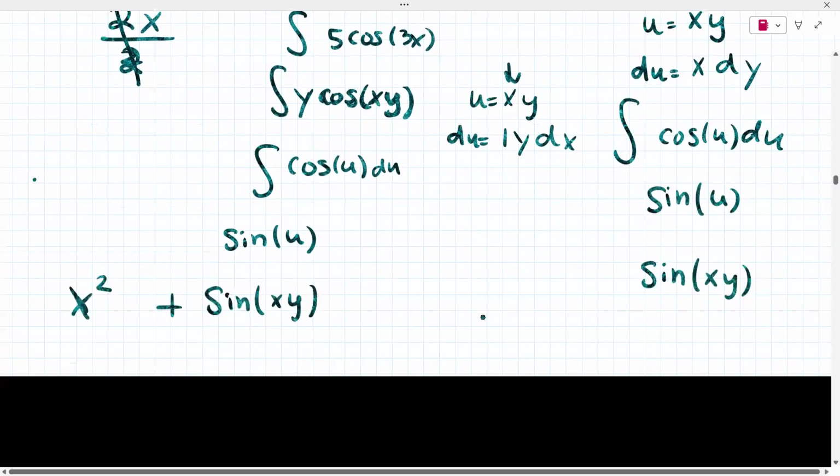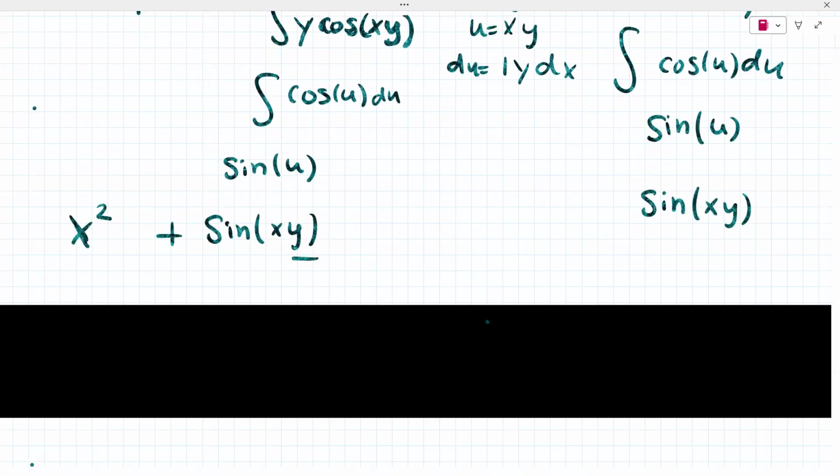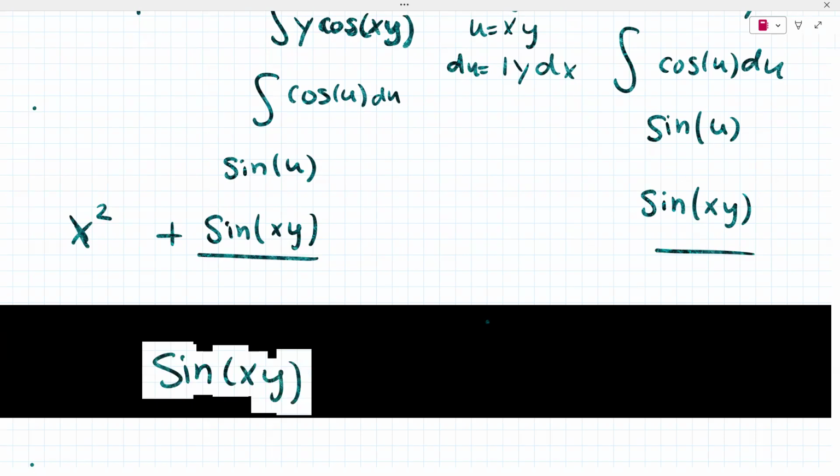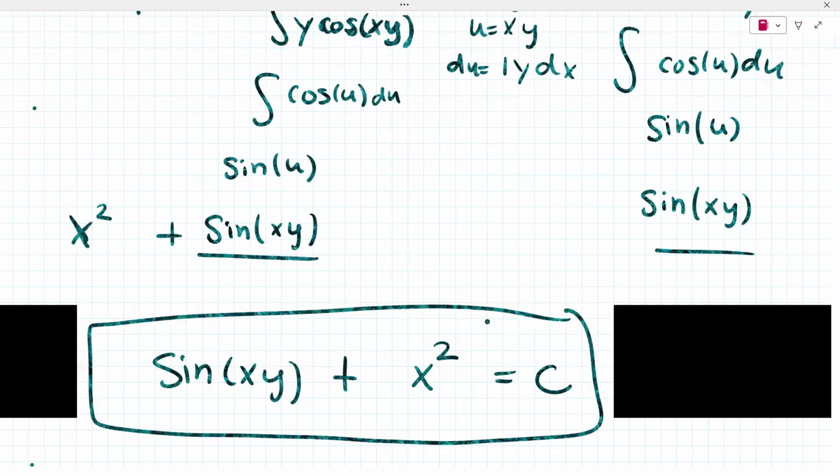Okay, there you go. And then as you can see, we do have a repeat. We have a sin of xy, a repeat. So it's going to be sin of xy plus x squared equals c. There you go.